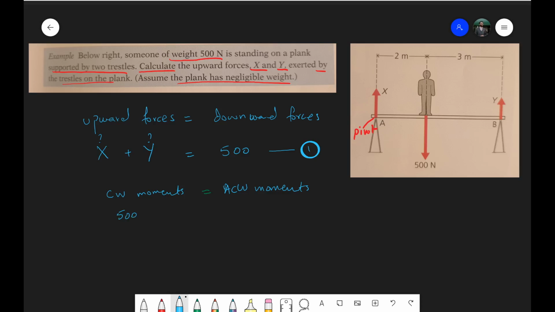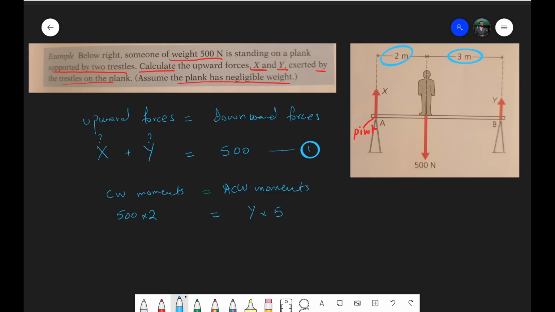So I can say 500 multiplied by 2 meters, that applies a clockwise moment. You can see that force Y will produce an anti-clockwise rotation if you take point A as the pivot. So force Y will have to be multiplied by the distance from the pivot. Now remember, this is 2 and this is 3. If you add these together, you get 5. So Y is 5 meters away from the pivot.